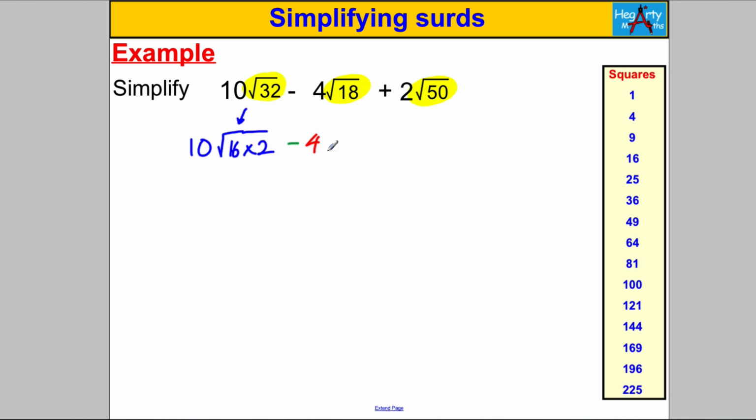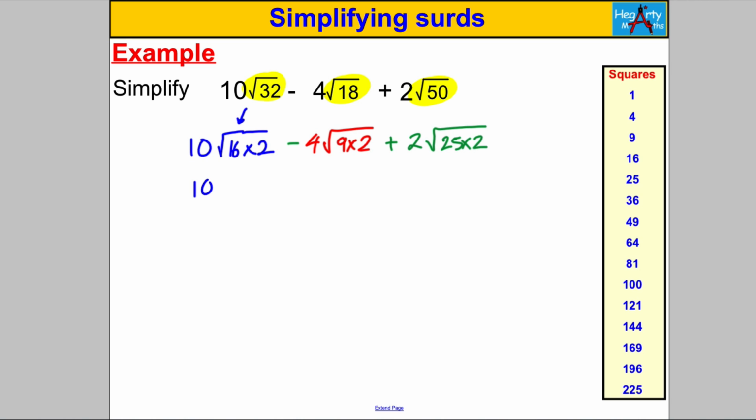So 18, I'm going to write that as 9 multiplied by 2. 9 is the biggest square that I know that goes into 18. Don't forget you've got a plus here. Keep that 2. And I'm going to think, what's the biggest square that goes into 50? I know it's 25, so I'm going to write that as root 25 multiplied by 2.